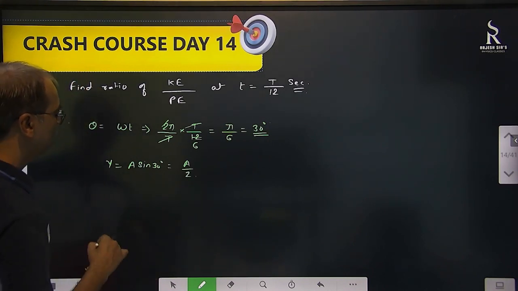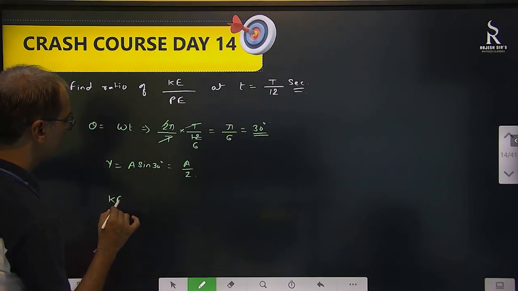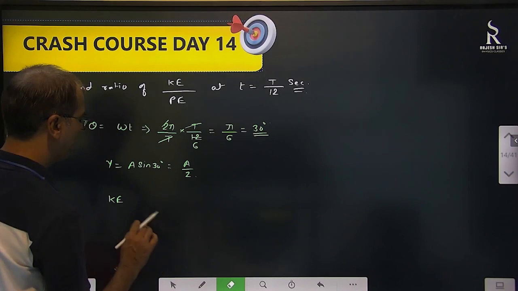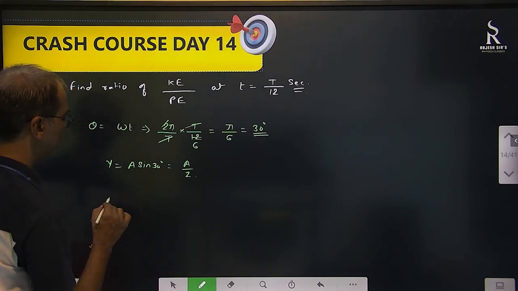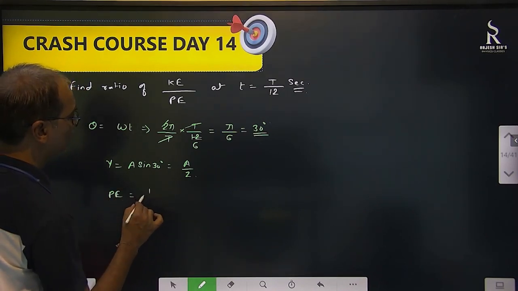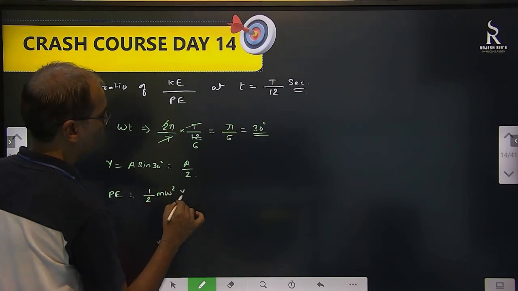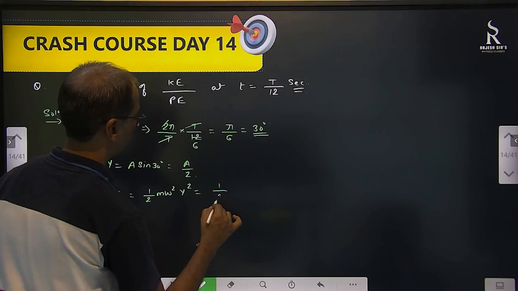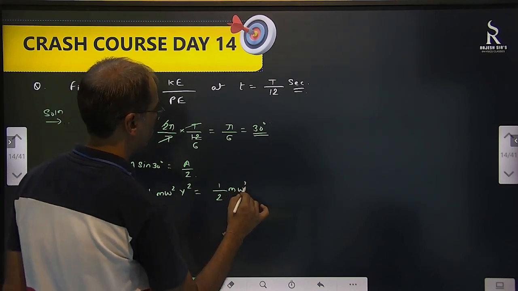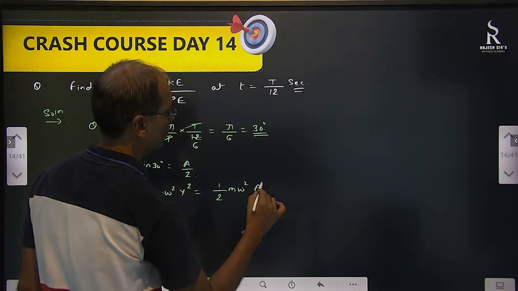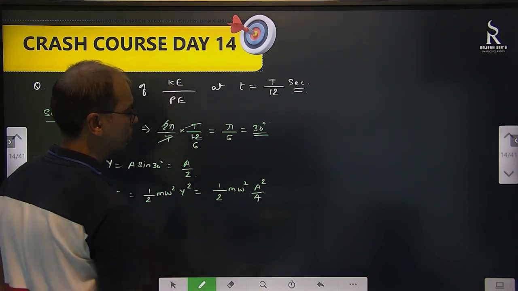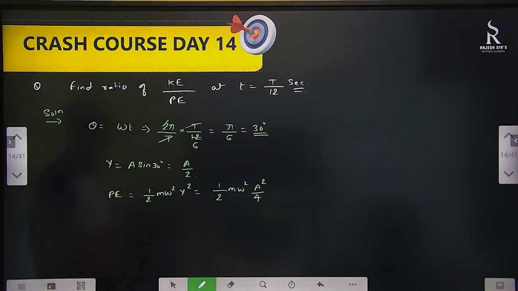Okay. So kinetic energy. Sorry, we'll not go for kinetic energy first, we'll go for potential energy. So potential energy is half m omega square y square. So it is half m omega square into A square by 4. This is the potential energy.